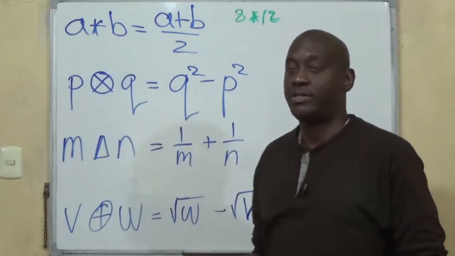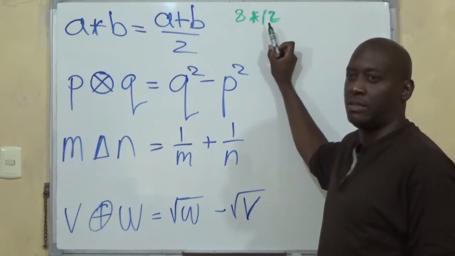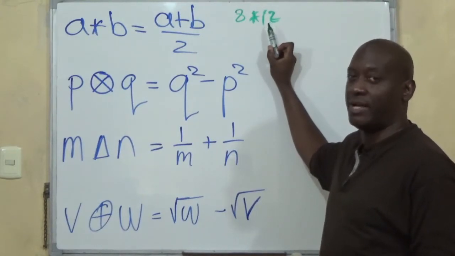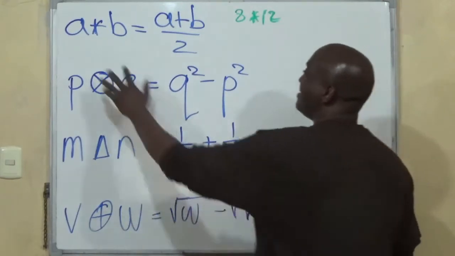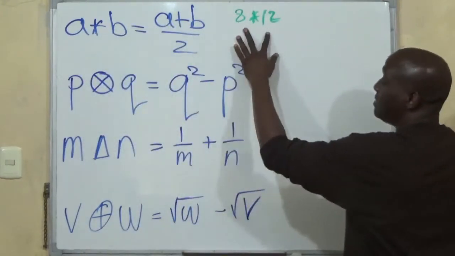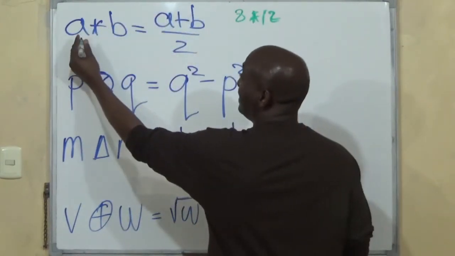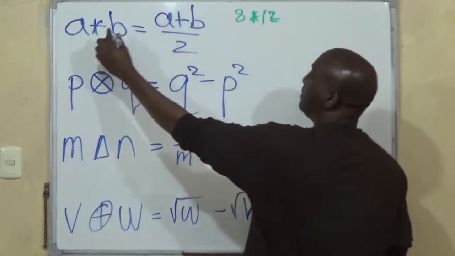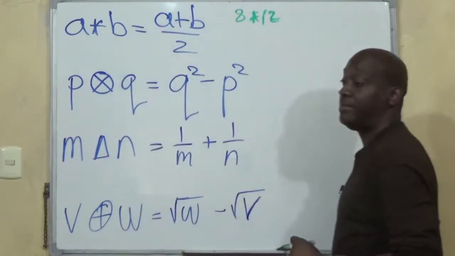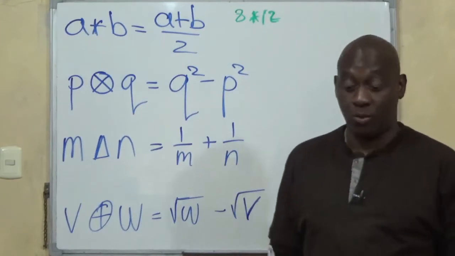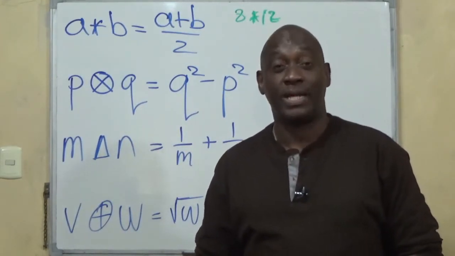We don't know what the values are. 8 and 12 values, because we now have specific values for these 2 variables. So if we have A star B and you have 8 star 12, then the 8 must correspond to the A, and the 12 must correspond to the B. Always, always, always. Do not mess with that at all.